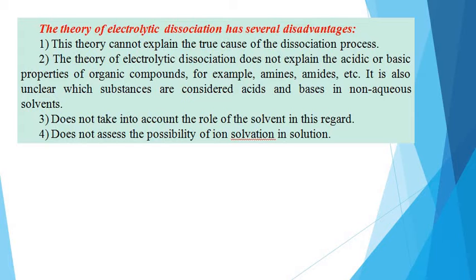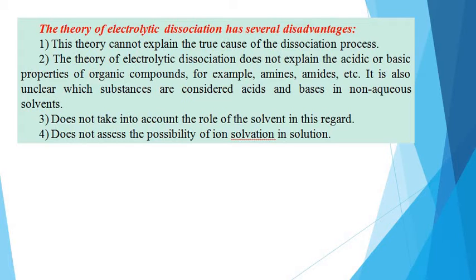The theory of electrolytic dissociation has several disadvantages. This theory cannot explain the true cause of the dissociation process. It does not explain the acidic or basic properties of organic compounds, for example amines and amides.